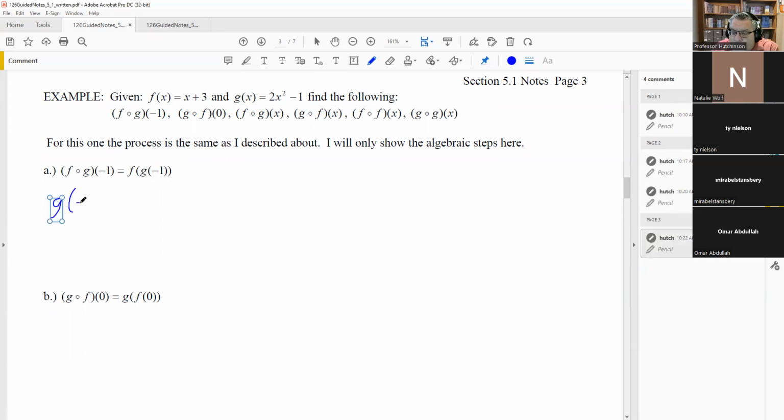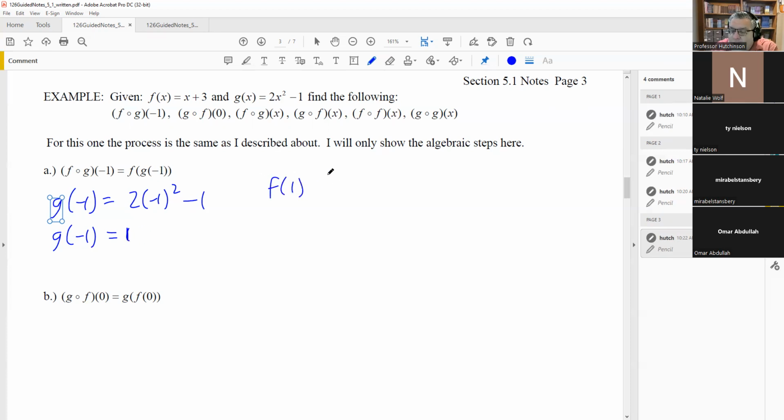We always start with the inside with these, so we want to find g of -1 first. In the g function, we have 2 times -1 squared minus 1. So g of -1 is going to be equal to, this is positive 2 here, because -1 squared is 1. 2 minus 1 is 1. Next thing we want to do is replace the g of -1 with 1.